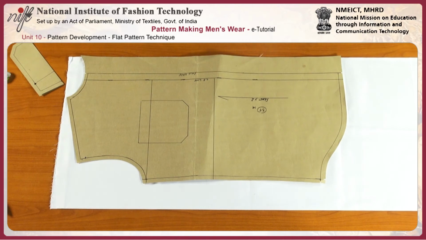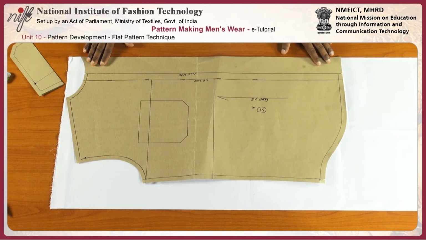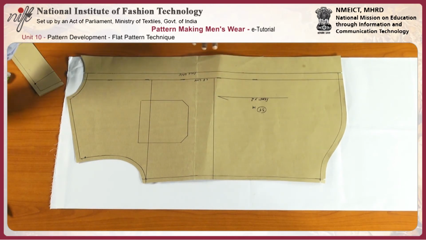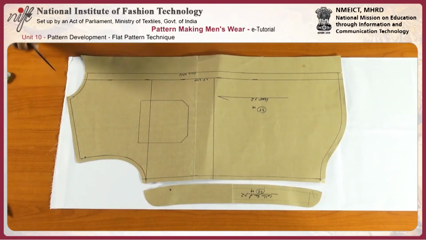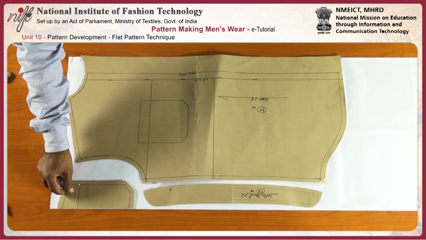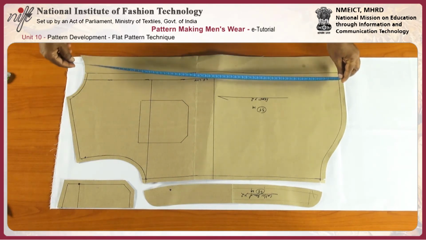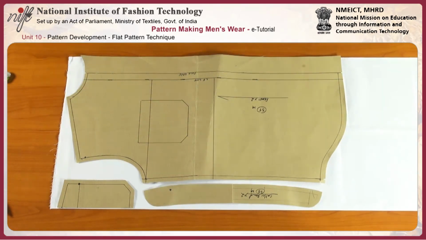33.5. So here I have taken the lay marker on fold so that I get a pair of front pattern, and I can also place a collar band and pocket, which can be accommodated in 77 centimeters.